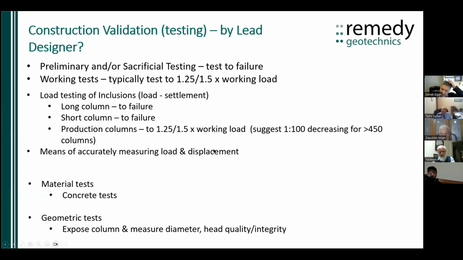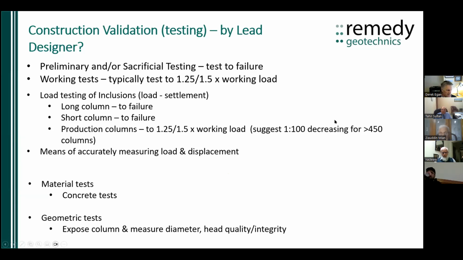In terms of working tests, the suggestions can be anywhere between one working test per 100 columns if you've got just a few columns, but you may do a fewer proportion of tests.